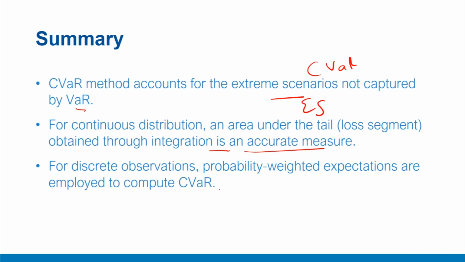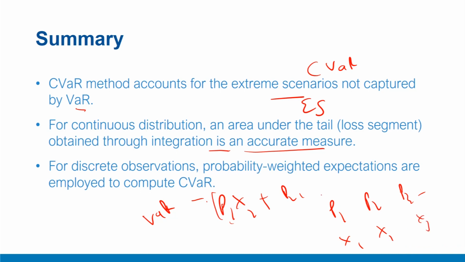For discrete observations also, we noted that P1 x1 plus P2 x2 kind of probability weighted expectations can be employed to compute CVaR. Given that the VaR level has been exceeded, the probabilities of these extreme losses P1, P2, P3 and so on can be multiplied by these extreme loss events x1, x2, x3, and these probability weighted expectations are used to compute our conditional VaR.